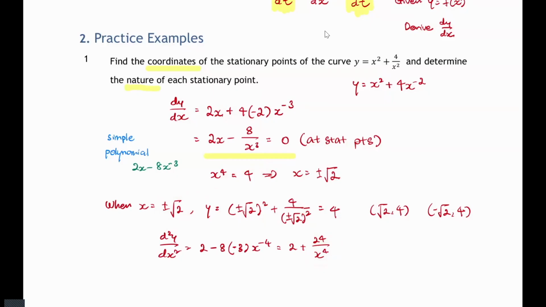So when x equals plus or minus root 2, substitute into d squared y over dx squared: 2 plus 24 over plus or minus root 2 to the power of 4. This will just be 4. 24 divided by 4 is 6, and 6 plus 2 is 8. This is positive, so we establish that both are minimum points.